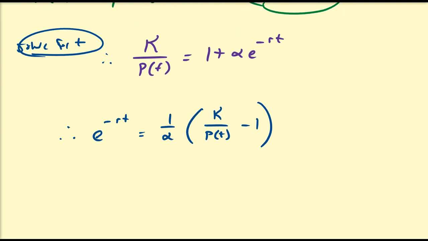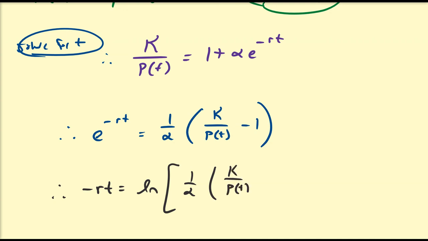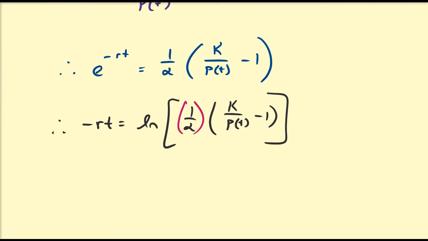Then I'm going to take the natural logarithm of both sides of this expression. So minus rt is equal to the natural logarithm of 1 over alpha times (k over pt minus 1). We have a product of two functions on the interior of the logarithm, so you can split that up into a sum, but I'm not going to do that here because our expression will be even nastier.